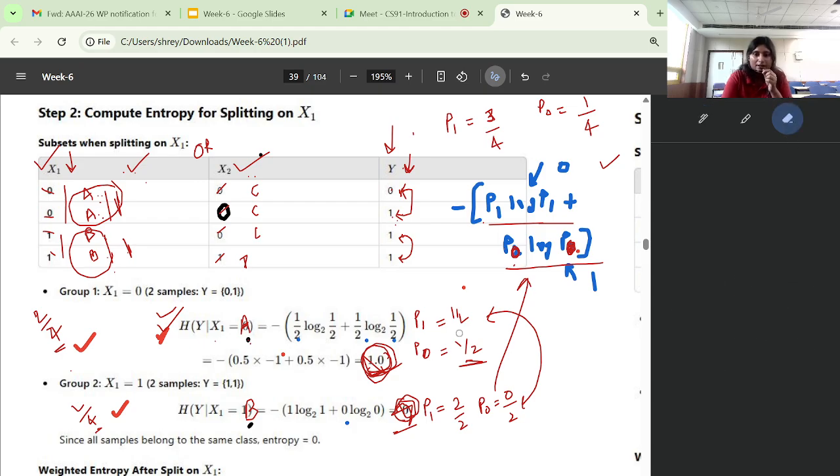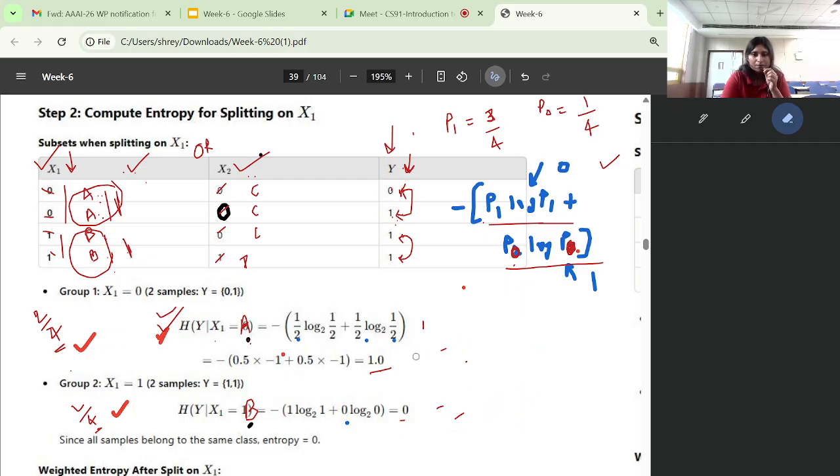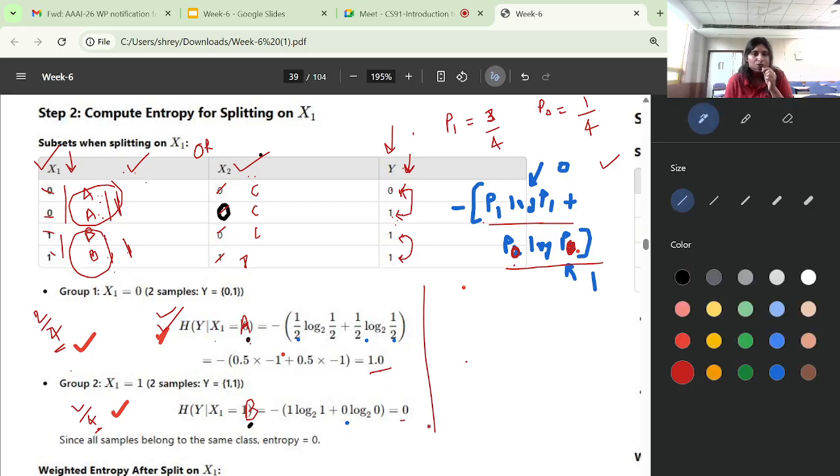So let's have the same concept for x2. While choosing x2, let's say, what is the entropy of y given x2 is equal to c? This is the first class.